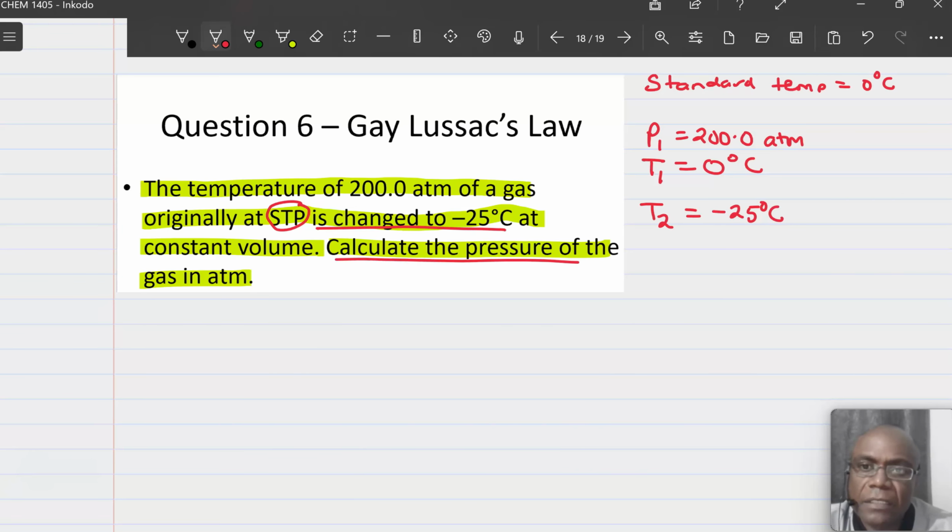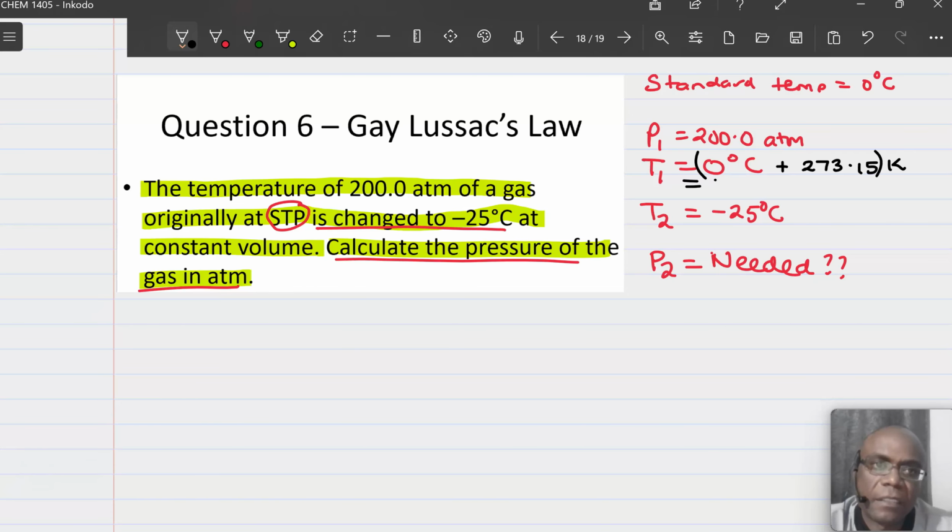We are asked to calculate the pressure of the gas in atmospheres. So P2 is needed. That's what we need to look for. The first thing I should do is convert the degrees Celsius temperature to Kelvin by adding 273.15. It will be 273.15 K for T1.